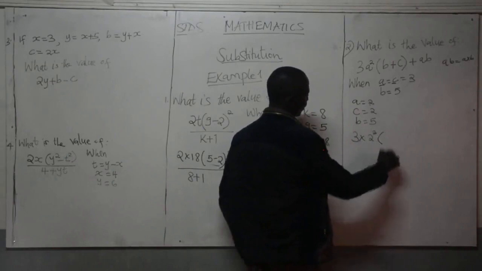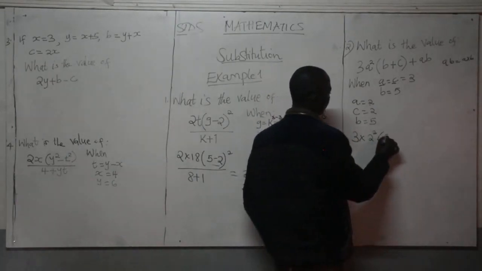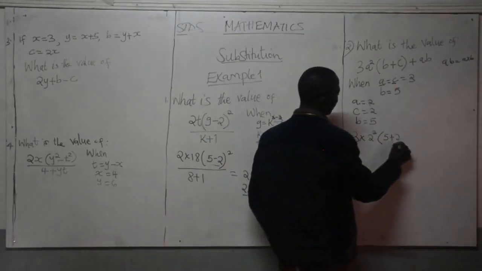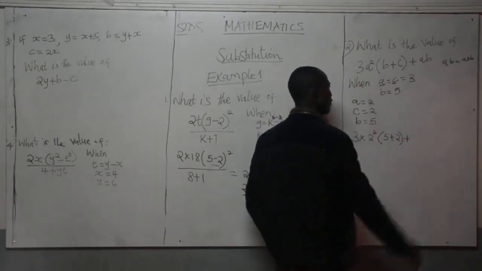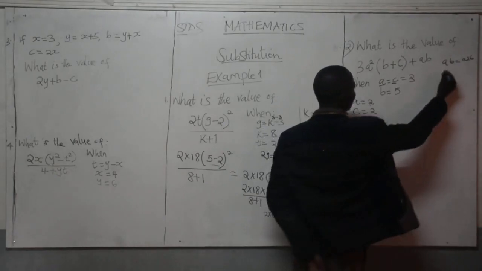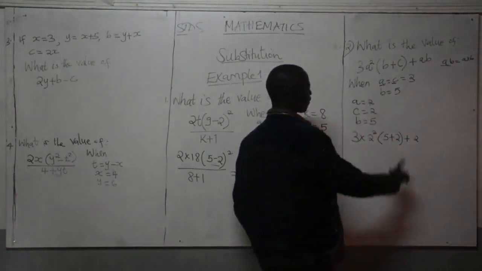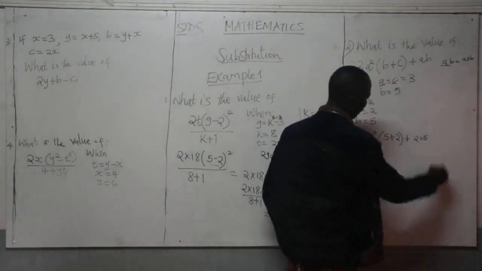We open the bracket. Then we have b, which is 5, plus c, the value of c is 2. Close the bracket. Then plus a again, the value of a is 2. And I've said when you have ab, it means a times b, in this case the value of a multiplied by the value of b, which is 5.